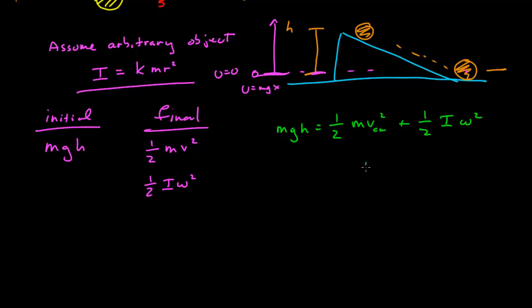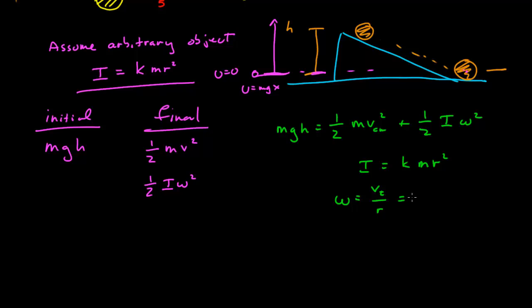We've already decided that I is going to be of the generic form k, which is some constant, times m r squared. And we are also invoking rolling without slipping, so our angular velocity is equal to the tangential velocity of a point on the edge of the rotating object, v sub t, our translational velocity, divided by the radius of the object.